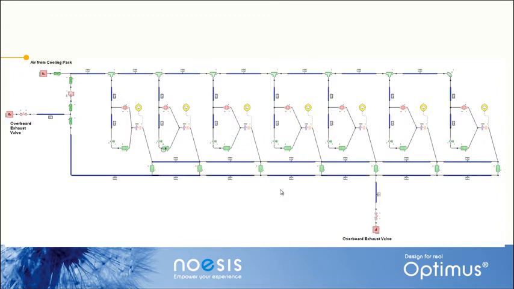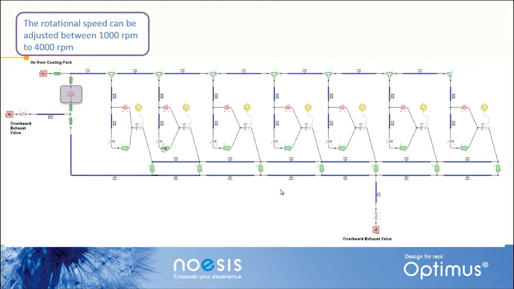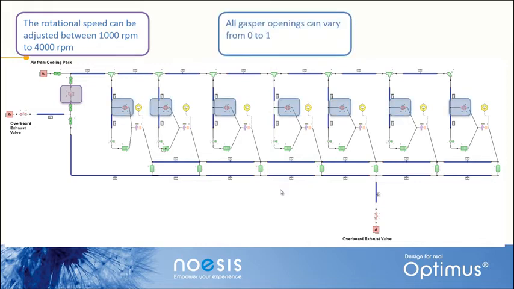Here you can see the Flowmaster model that Doug created for this analysis. We begin, of course, in the top left with the recirculation fan. This will be an input parameter where we can adjust the fan speed between 1,000 RPM and 4,000 RPM. Then we have 7 gaspers.